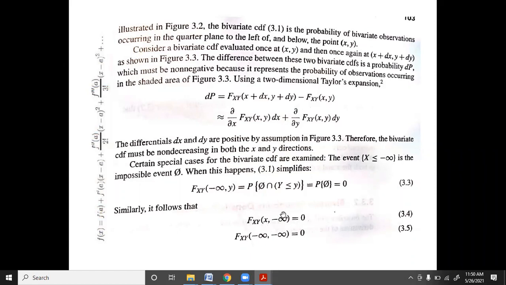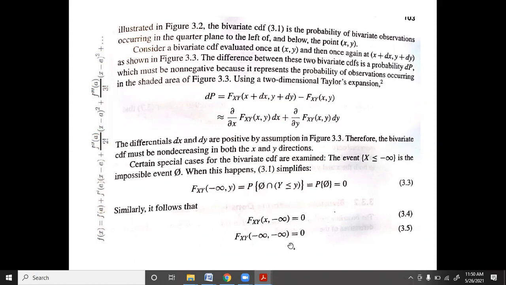Similarly, this minus infinity will correspond to y less than or equal to minus infinity, and again that will correspond to the impossible event phi, and therefore that will be P of x less than or equal to small x intersection phi, and that will give us the value 0.